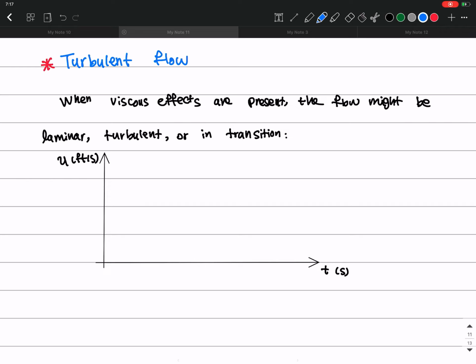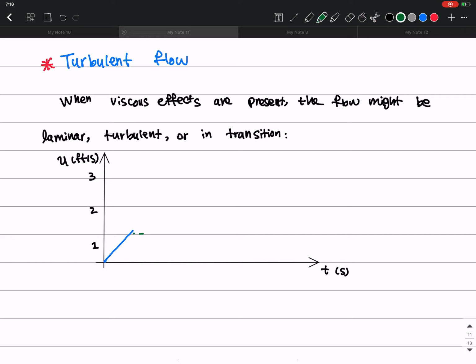I mean, it can change, but the flow will be laminar if U is smaller than a particular number, okay? But then, let's say U here is up to 1 foot per second, here up to 2, and then here up to 3 feet per second, okay?